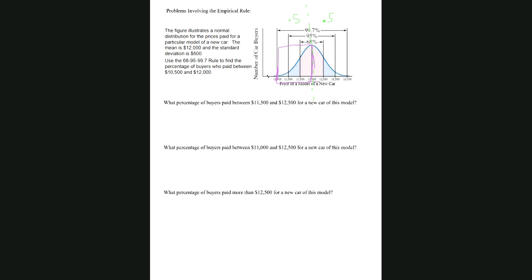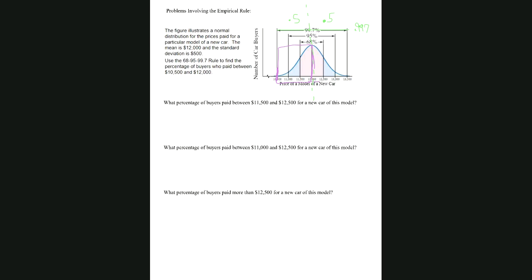Now, I know that from here to here will be 99.7% of the data, or 0.997 as a decimal. But I don't want everything. I just want everything on this side.